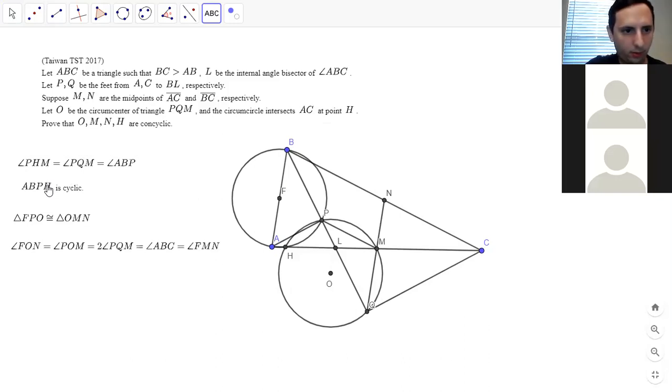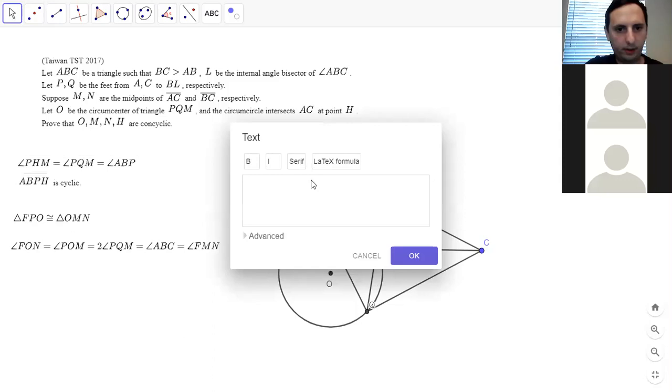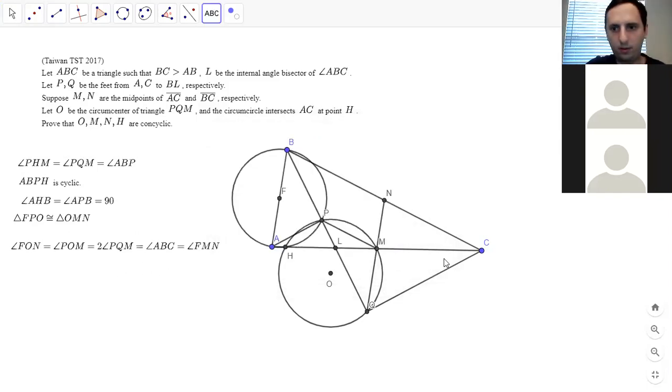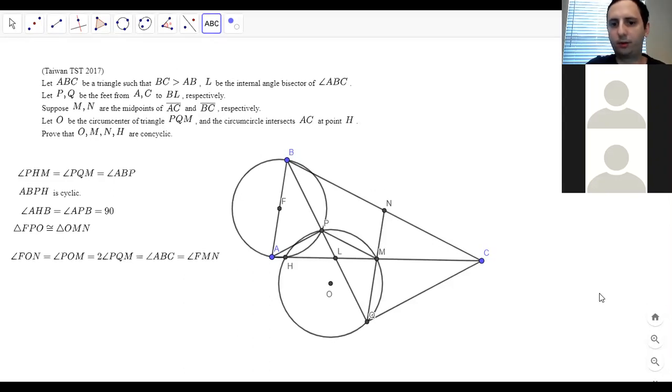And so angle AHB equals angle APB equals 90. Oh, it looks like Serdar had to hop off.